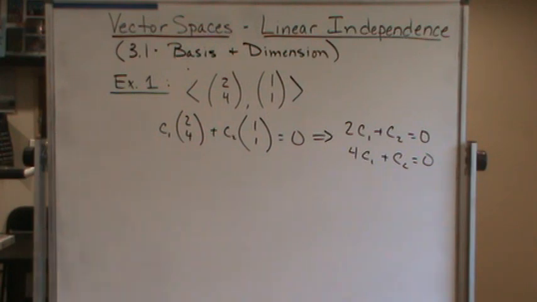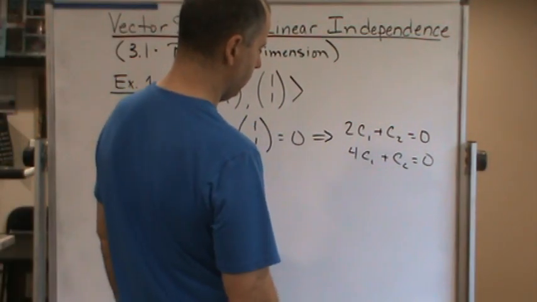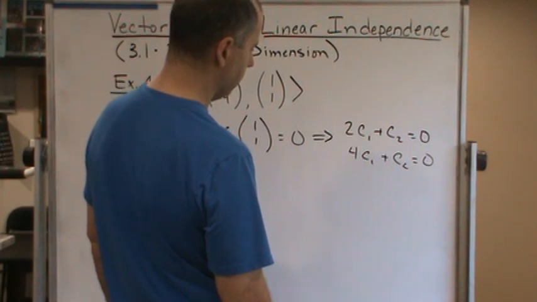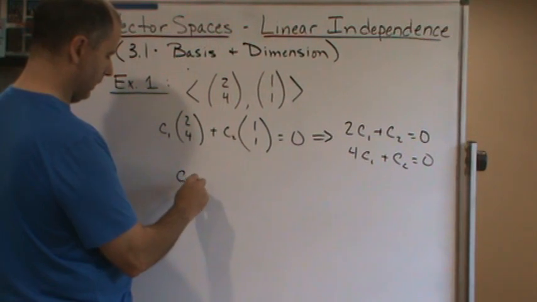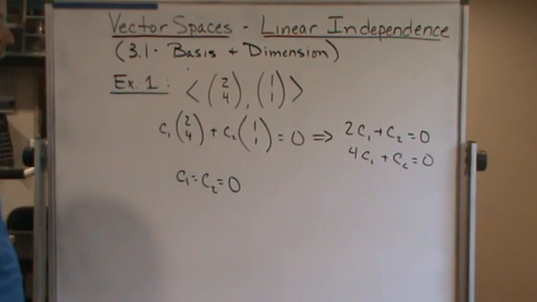And what do we get when we do the row operations? We're going to get C1 equals C2 equals 0, right?